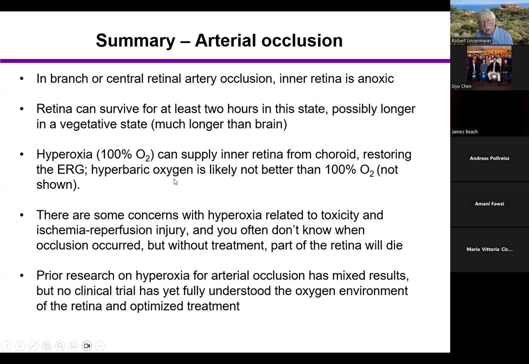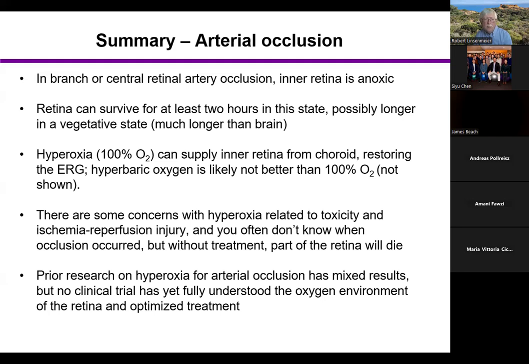We actually modeled that, but I'm not showing you that. There are some concerns with hyperoxia related to toxicity and ischemia reperfusion injury, and you often don't know how long your patient has had an occlusion. But without treatment, part of the retina will die.